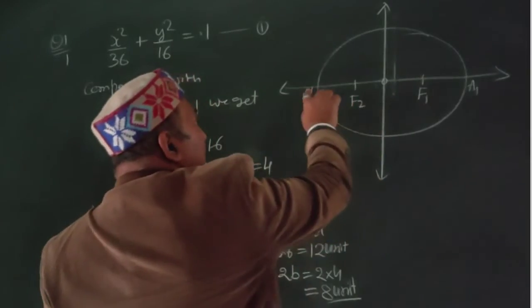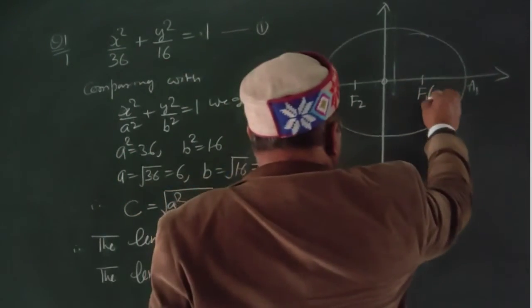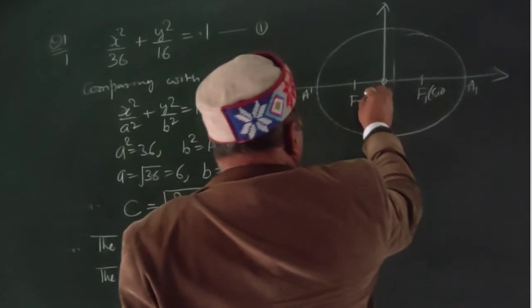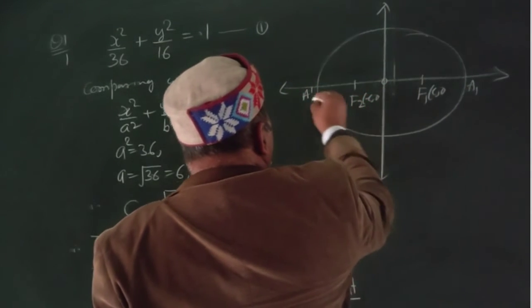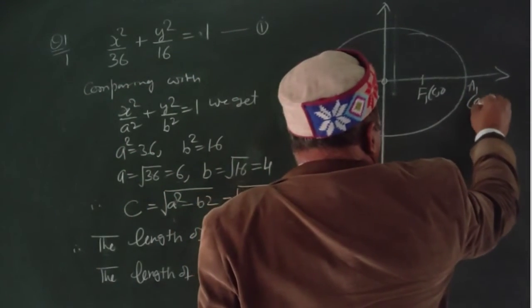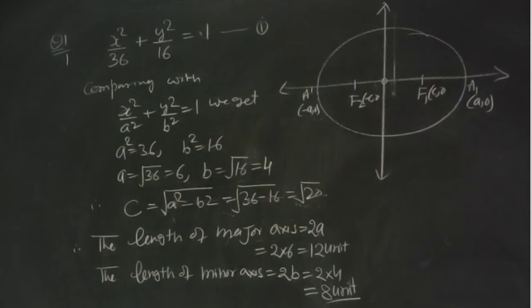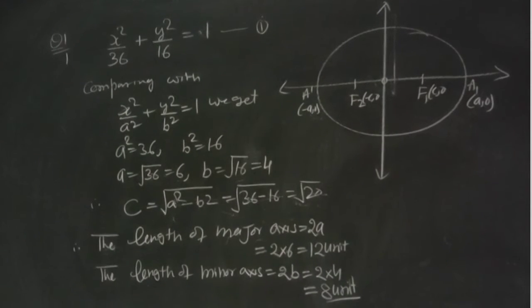These are the foci and these are the vertices. And the coordinates are C, 0, minus C, 0, minus A, 0, and A, 0. These are the coordinates of the vertices of the first type of ellipse.